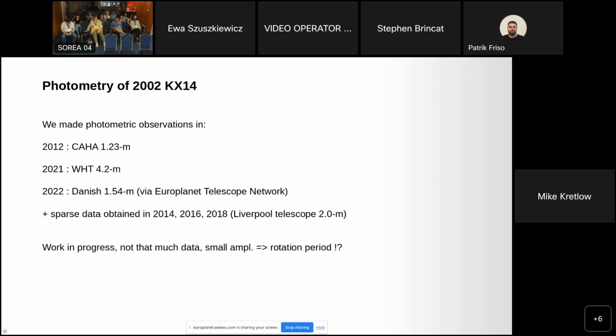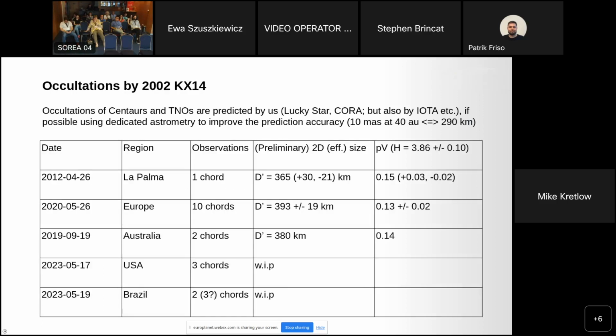As Csaba also mentioned, it's a crowded field, so the photometry is not easy to perform. Also the amplitude is low, so I'm not yet sure if we really can get a rotation period. That's the reason why we currently focused on the occultations.